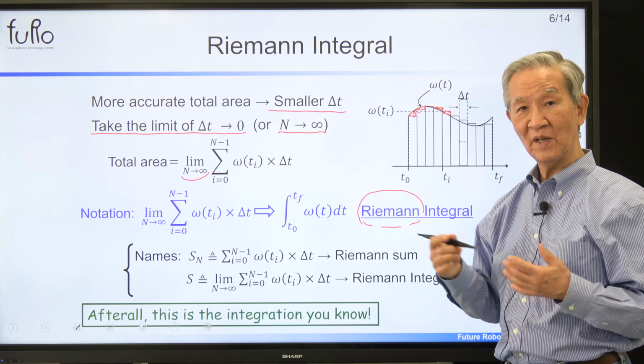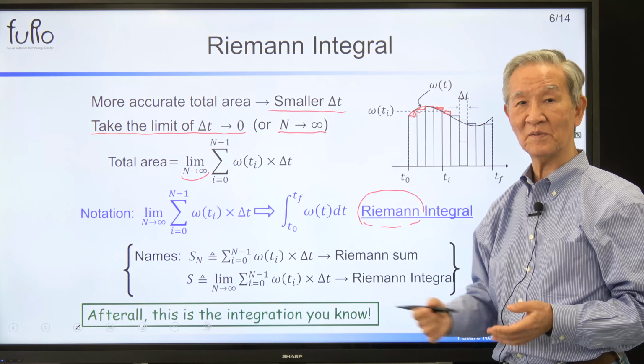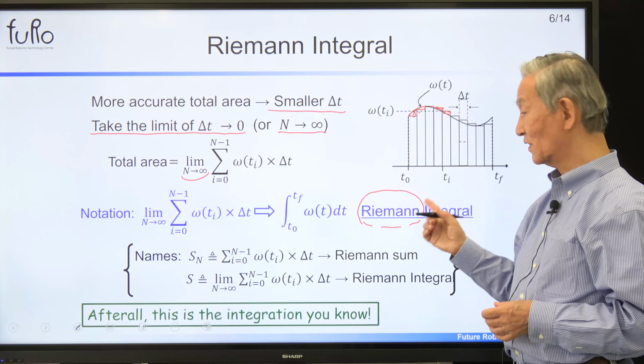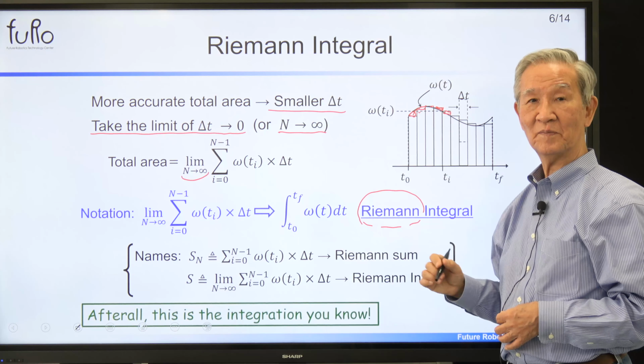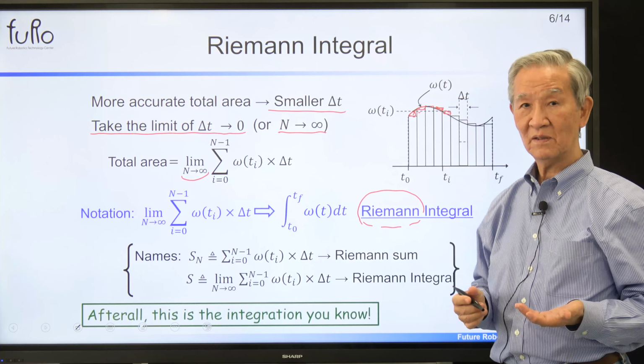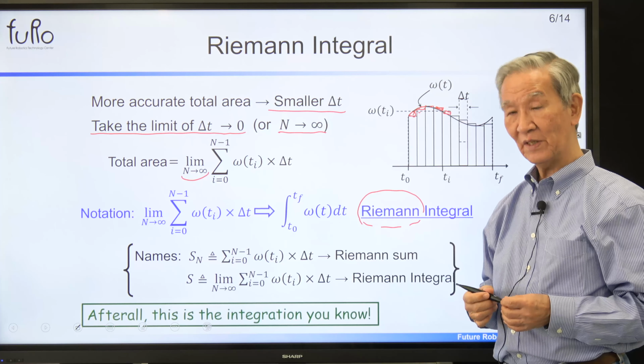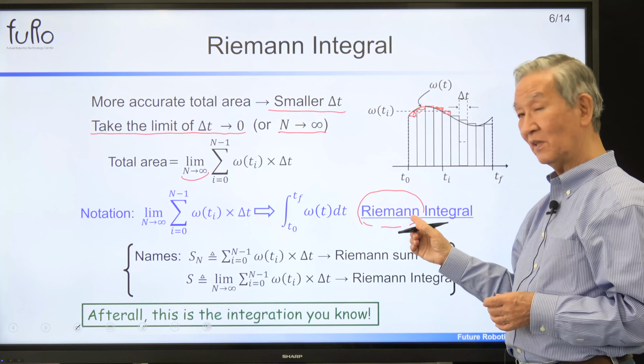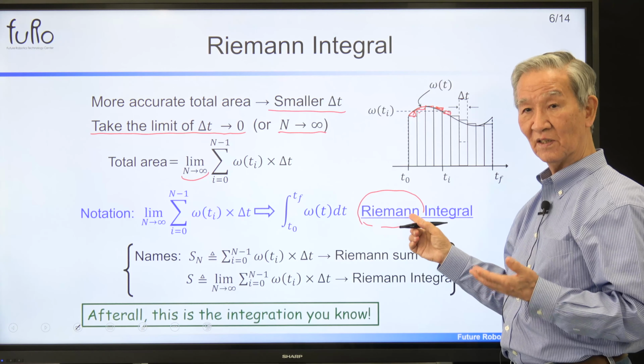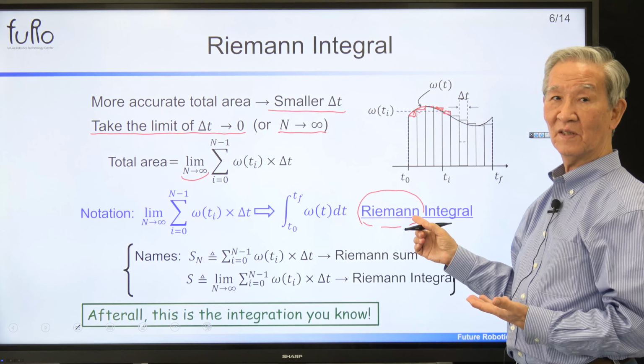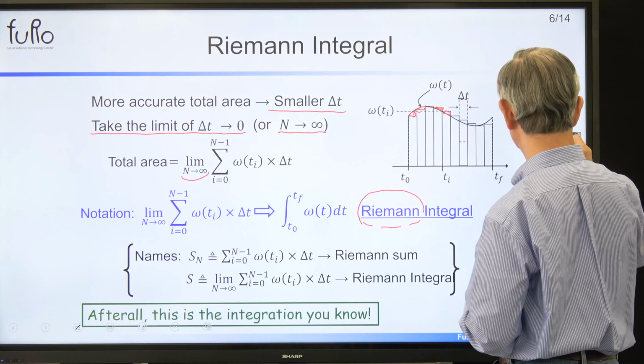Mathematicians have invented many different types of integration, and that's why we have to give names to them. Riemann integral, and there are many others. But this one here is the simplest, should I say? So we learn it in high school.